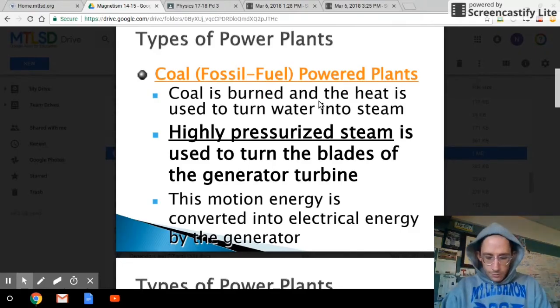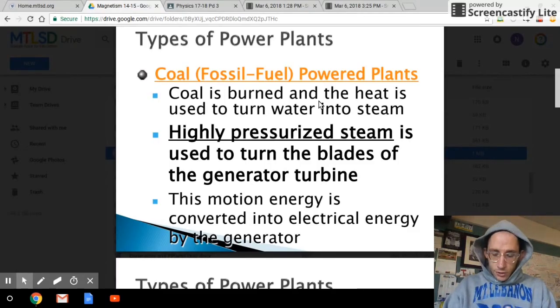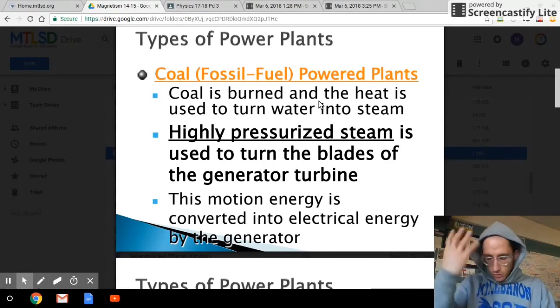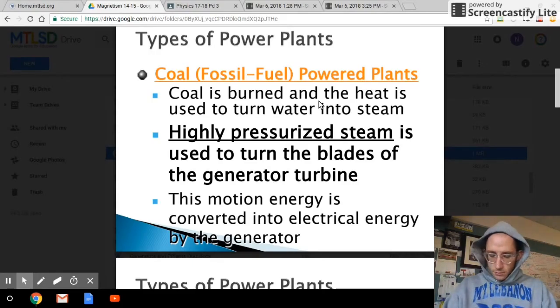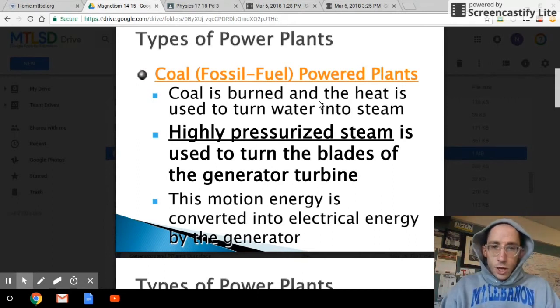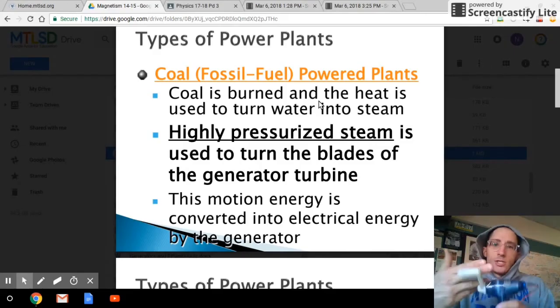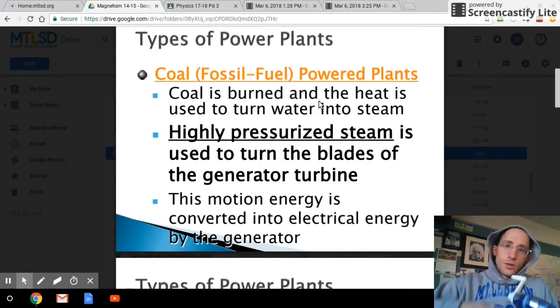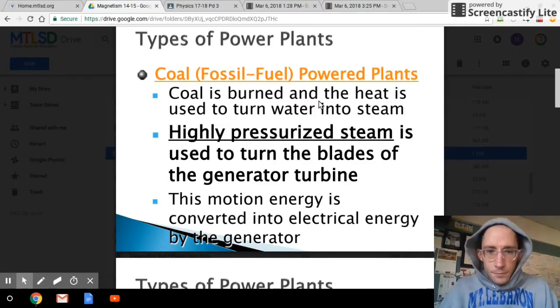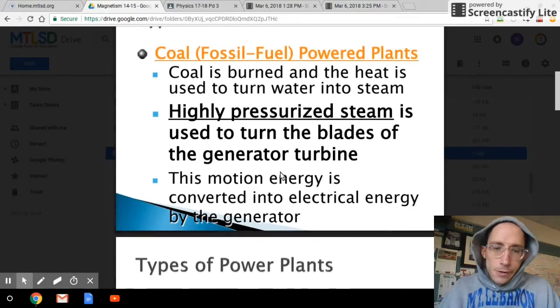Trust me, I took an engineering class that was devoted to turbines, and the professor, a legitimate older gentleman, said that's what you call them. You just use steam to push the blades of the turbine, which then moves the coil of wire through the magnetic field. So you got motion energy converted into electrical energy by the generator.